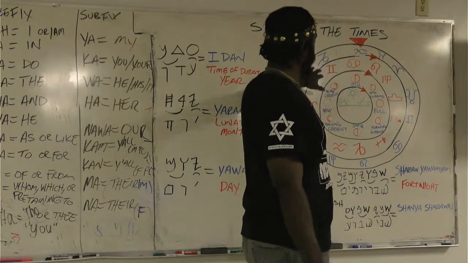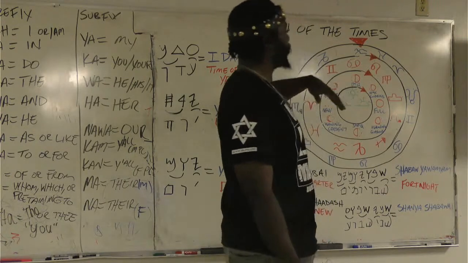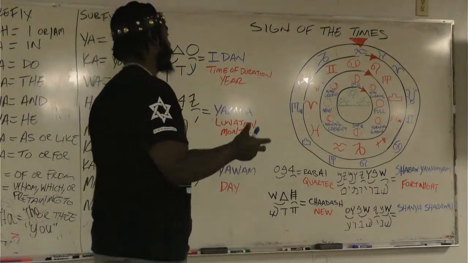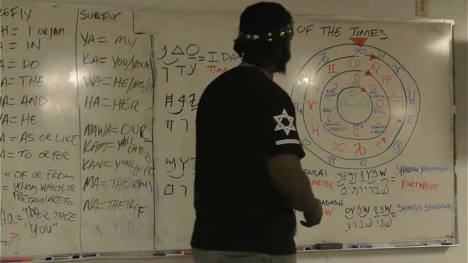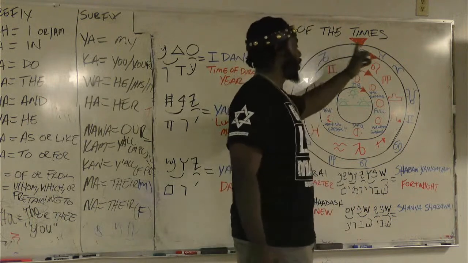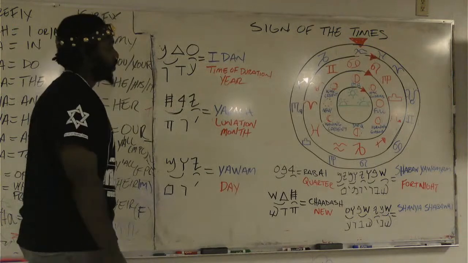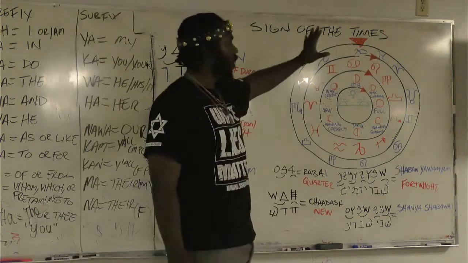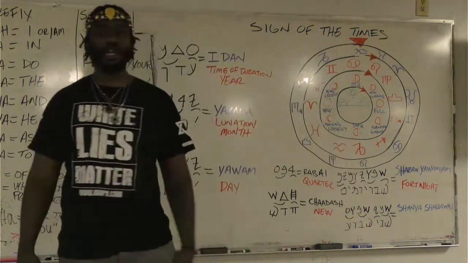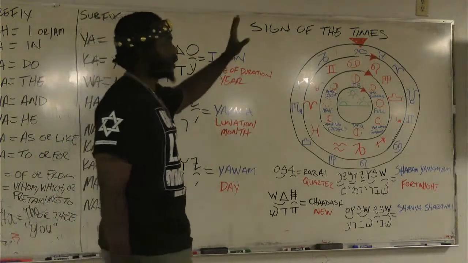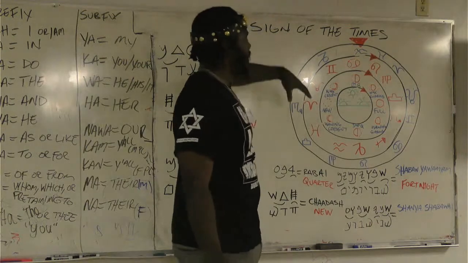I just use these because these are the symbols that are used today that keep the annual clock, and it's also kept the same for the age clock, right? So this is the full clock in the heavens. This is how time is kept. This is God's time. This is how the Lord keeps the time.